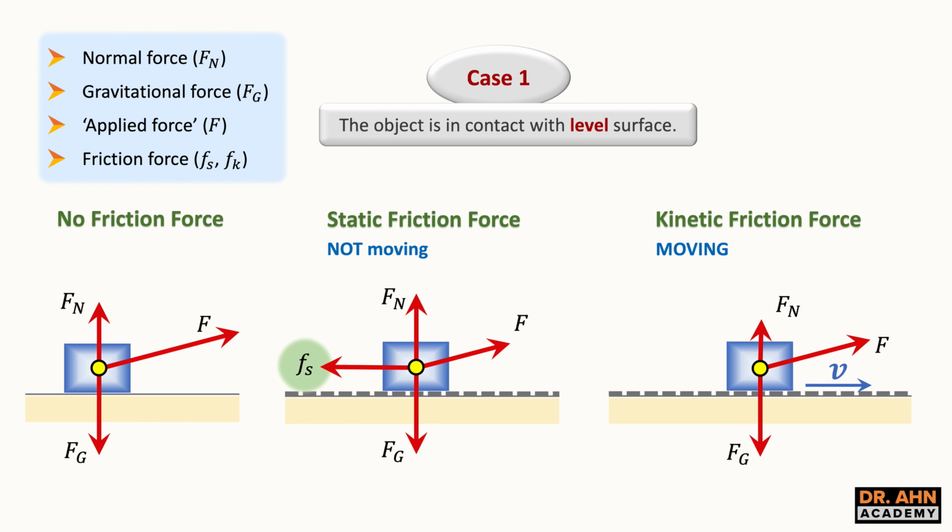Then instead of static friction force, we have something called kinetic friction force because it's moving. And this completes our free body diagram. I'll teach you the details of these two friction forces in a later video, so don't worry about it. In this video, just remember to use static friction force when the object is not moving and use kinetic friction force when the object is moving.